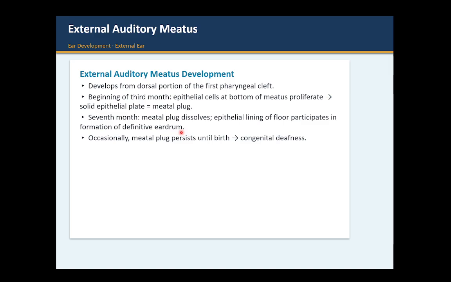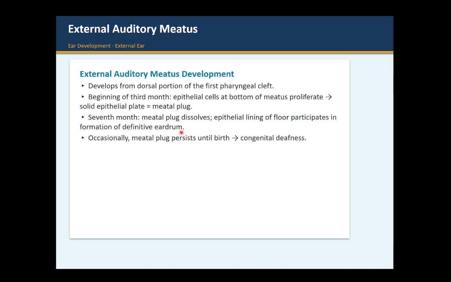And initially you have an epithelial growth or meatal plug which is closing your external auditory meatus, because you don't want amniotic fluid to keep going inside there. At around 7th month, this meatal plug dissolves.